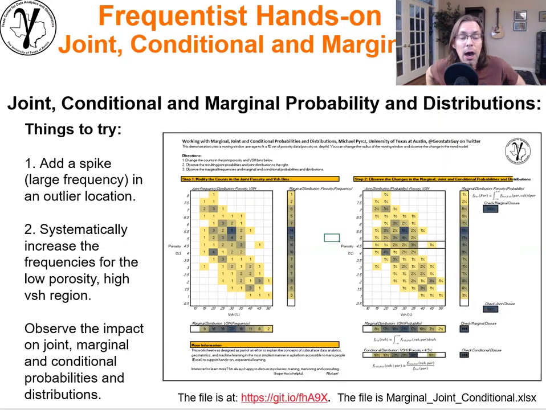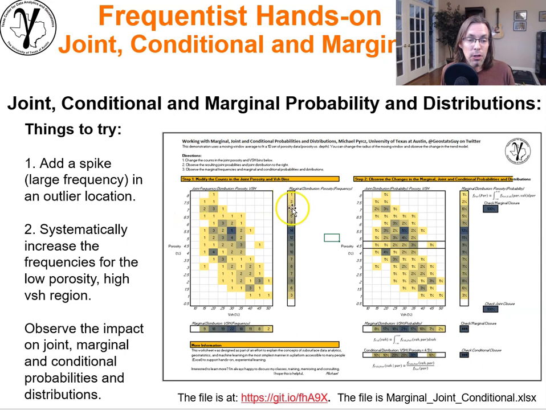All right. Now, there might be some of you who want a little more hands-on opportunity. I put on GitHub, in my repository of Excel numerical demos, an example in Excel where I gave myself a joint frequency data set with a bunch of samples. You can edit that at will.